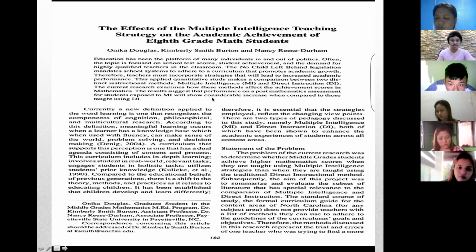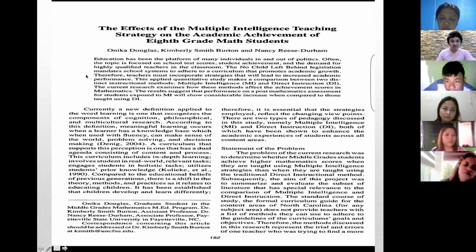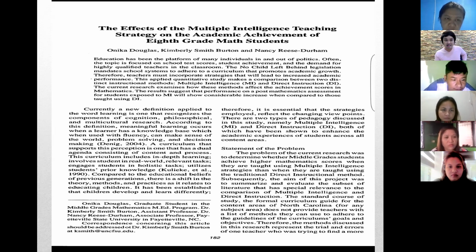So, mukha man siyang 100 pakinggan, napakadami, pero yung babasahin nyo lang muna, itong abstract lang na to. Performance of the post-mathematics assessment of students exposed thereby will show considerable increase. Ibig sabihin parang may effect siya, no? Ganun lang kasimple. Whether merong effect or hindi, hanapin nyo.